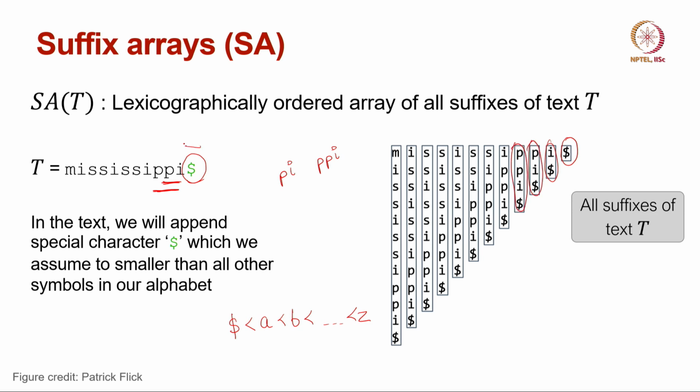So all the suffixes are being considered in the right hand side figure. The suffix array will be defined by the lexicographically ordered array of the suffixes. So we need to sort these suffixes, and the ordering of these suffixes will give us the suffix array.